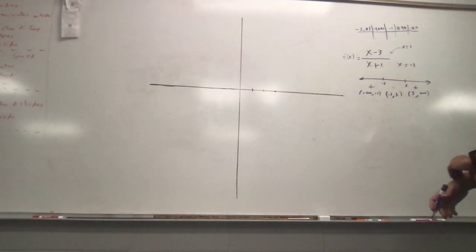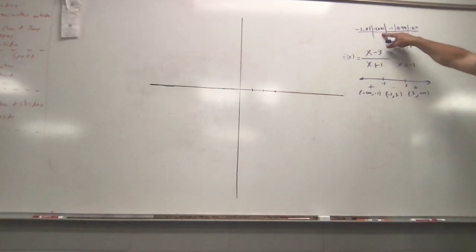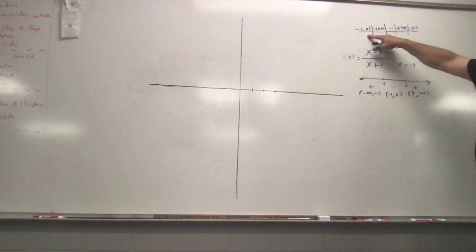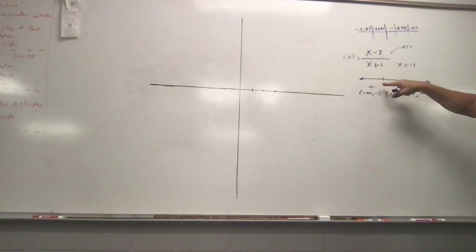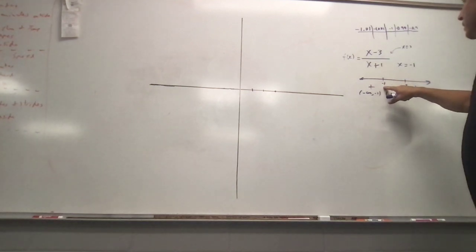So when we're here, we are 1/100th away from negative 1 in the denominator.